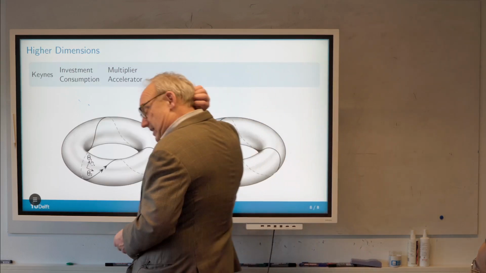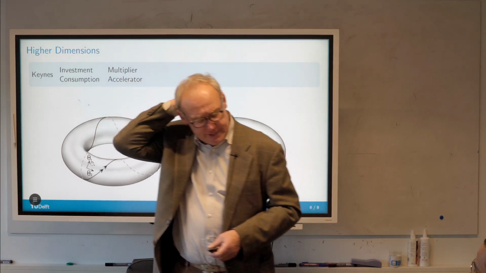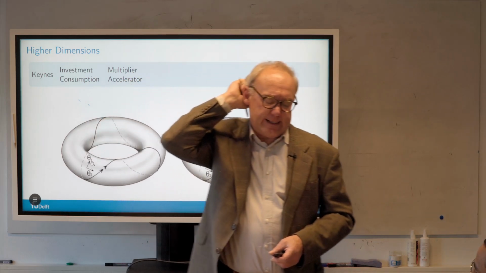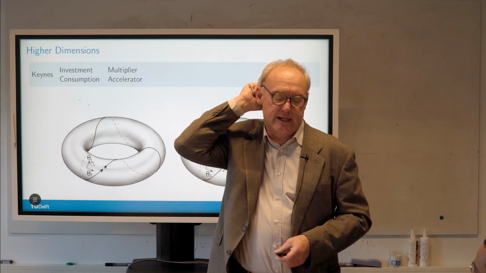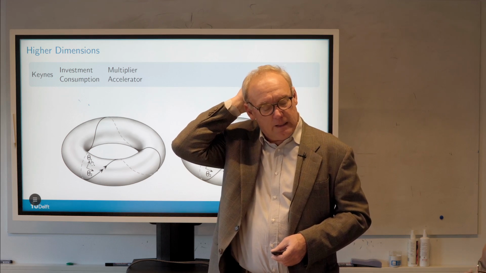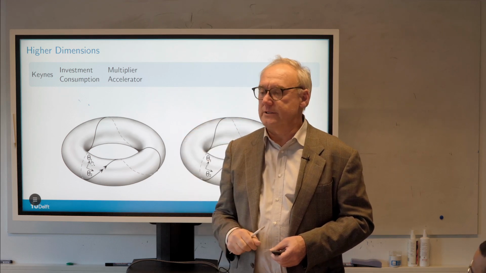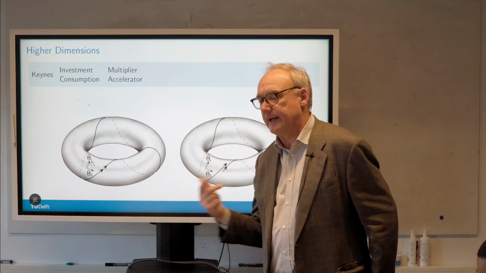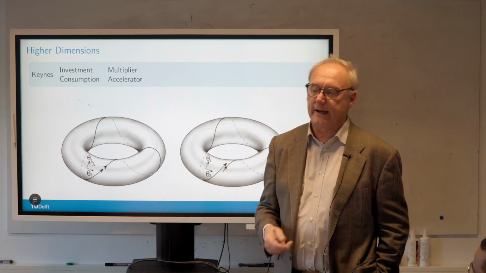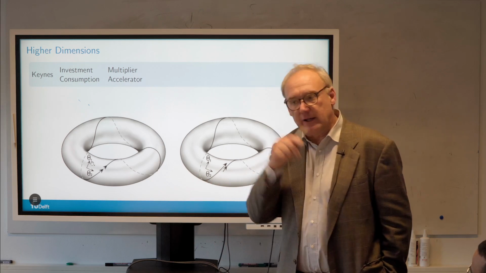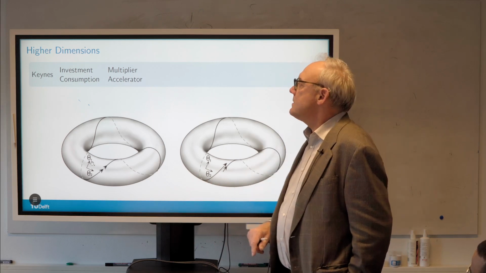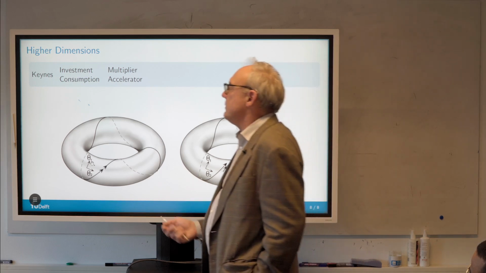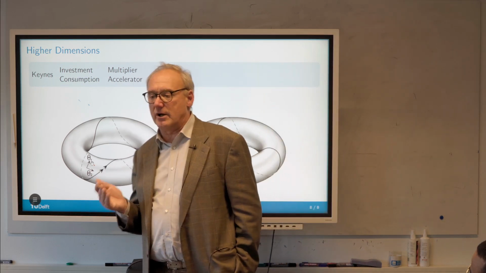And this thing is not complete without mentioning that higher dimensions is the thing that worries most economists, especially Keynesian economists. They don't just have one good like we have here, or one type of capital and a price, and then look at rotation of the phase plane. So Keynes came up with this theory that there are at least two things going on, two Qs.